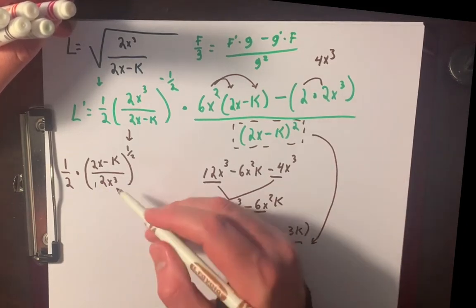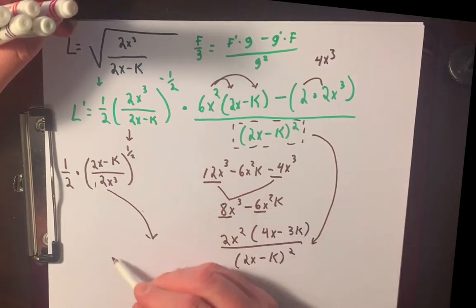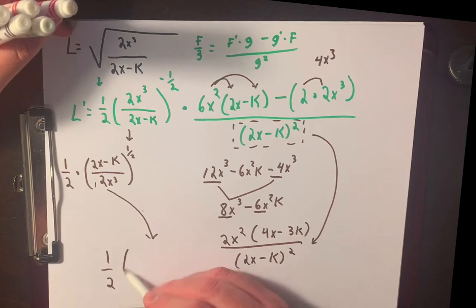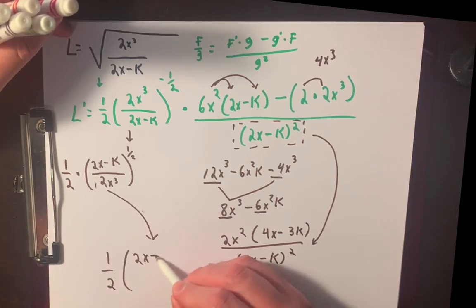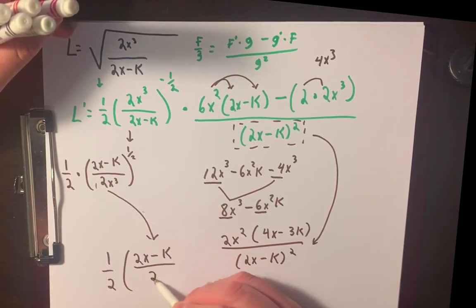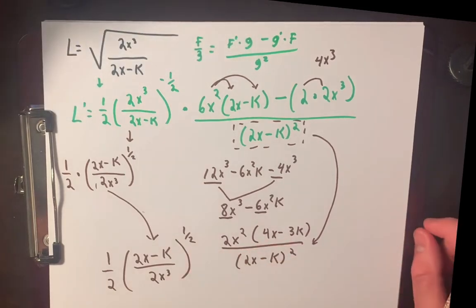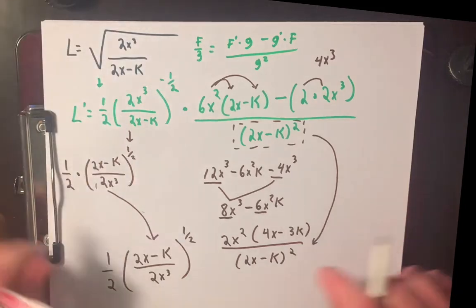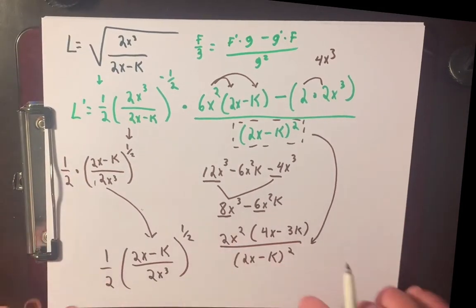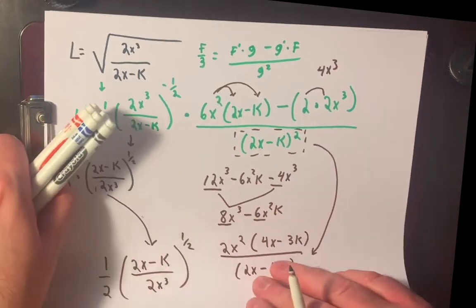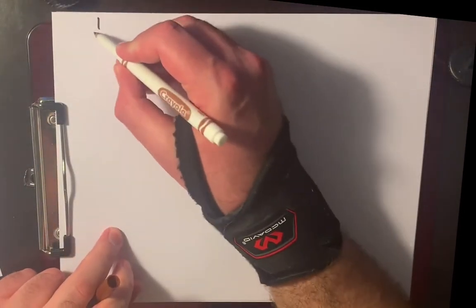Okay, and I'm going to go ahead and bring this back over here. So 1/2 times 2x minus k over 2x to the third, the whole thing being raised to the 1/2 power. Okay, so this is where we're at so far. I'll rewrite it so that I can show my steps here.